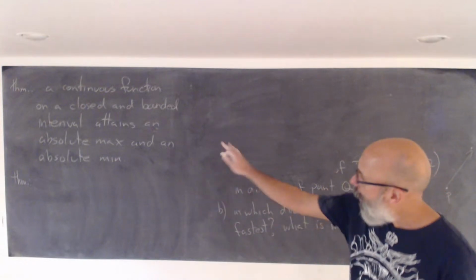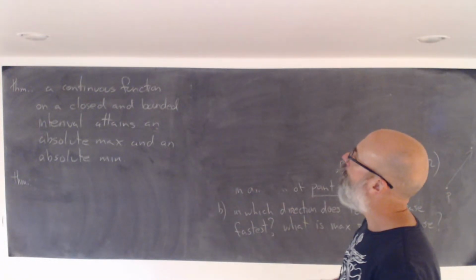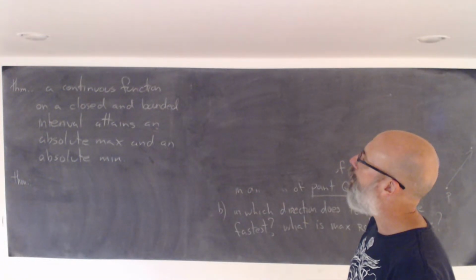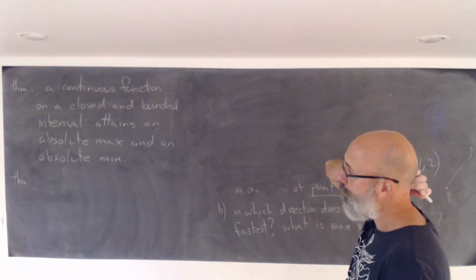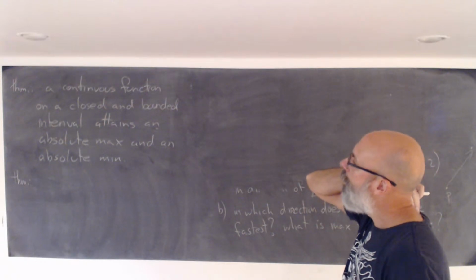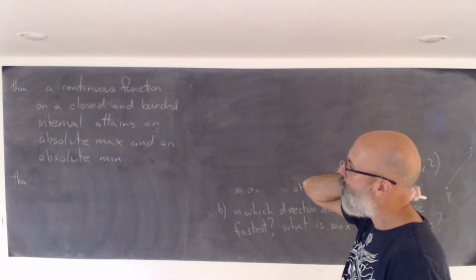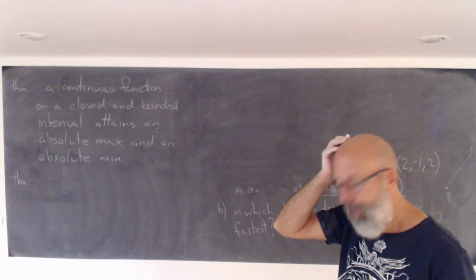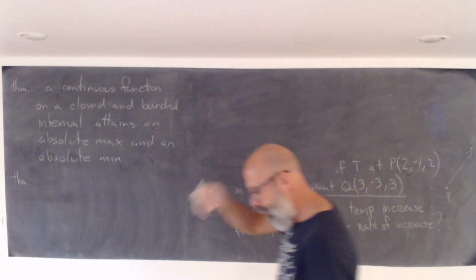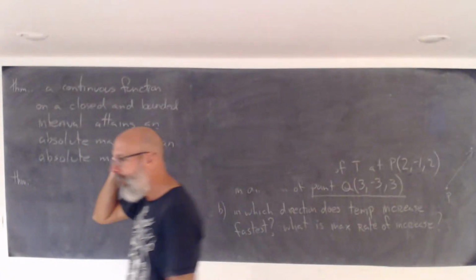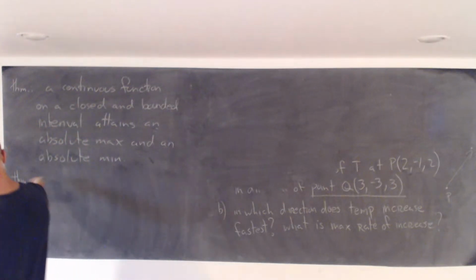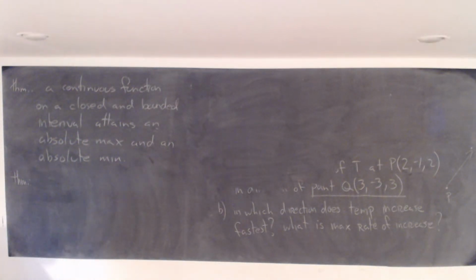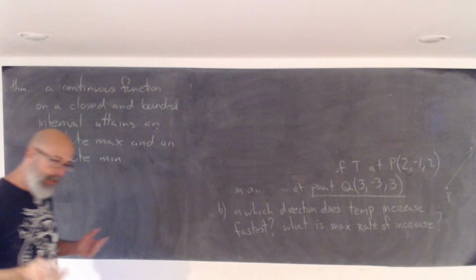We have this nice theorem in Cal 1, right? We saw that a continuous function on a closed and bounded interval attains an absolute max and an absolute min. And where did these max and min occur? They occurred at critical points or the endpoints. We have a similar theorem in higher dimensions.